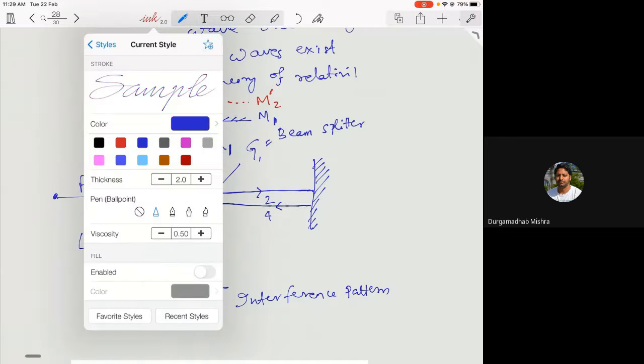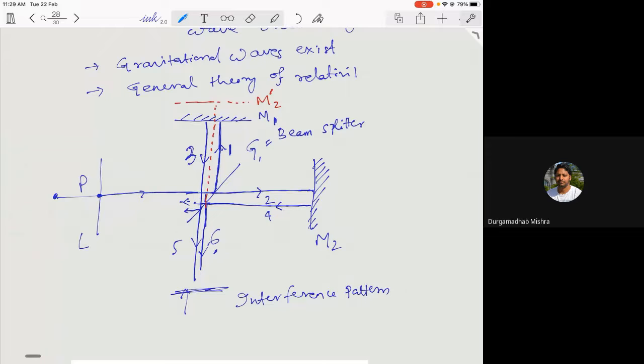Let's call this M2 prime, the virtual mirror from which beam 6 is coming.